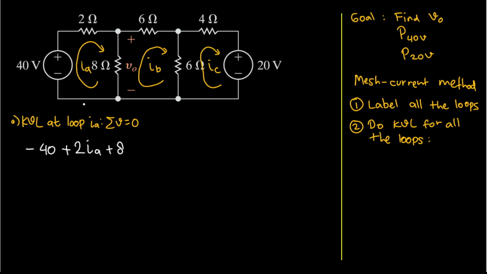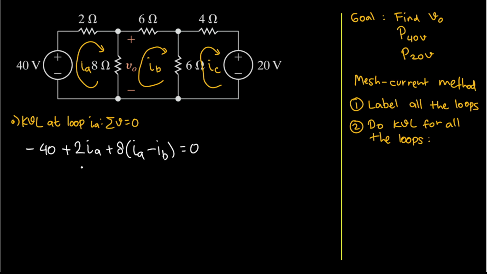But here there are 2 currents flowing through this 8 ohm resistor. IA is flowing down and IB is flowing up. So I will have to write IA first because currently we are working on IA. But IB is flowing in the opposite direction, so I will have minus IB here. Okay, and then all of that will equal 0.